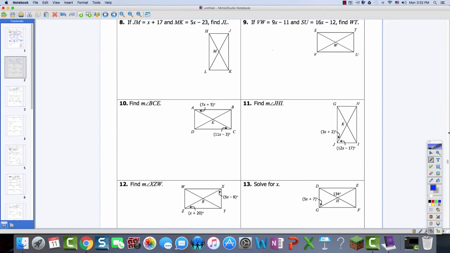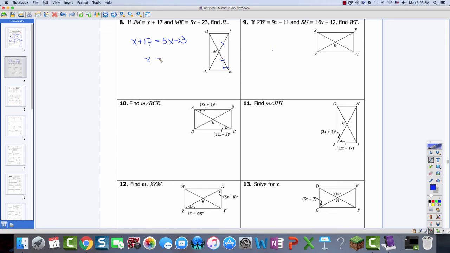For number 8, we're asked to find JL, which is the diagonal. We're given JM, which is right here, we're given MK. And because this is a rectangle, these two should be congruent. So we simply set up the equation as x plus 17 equals 5x minus 23.